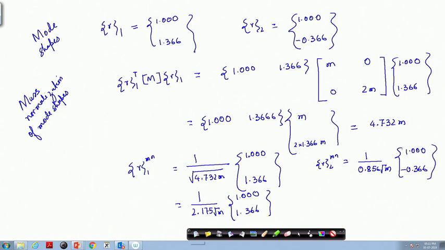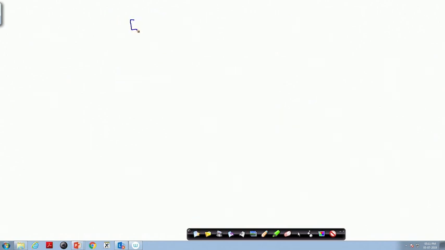modal matrix. The mass normalized modal matrix is going to be R1 mass normalized and R2 mass normalized. This is going to be 1 by root over m into the matrix.